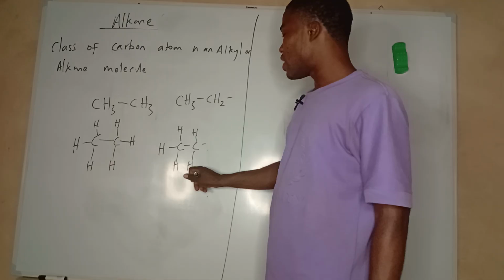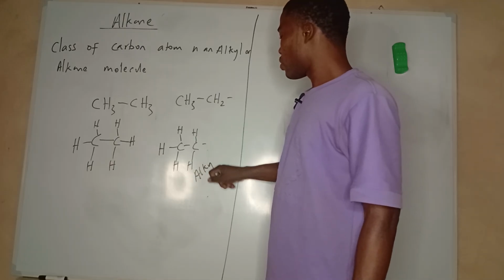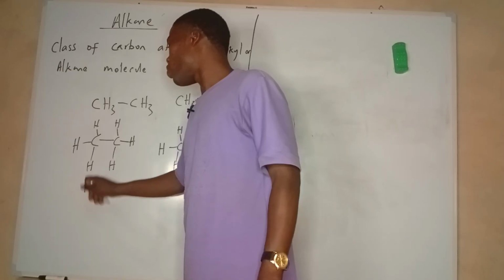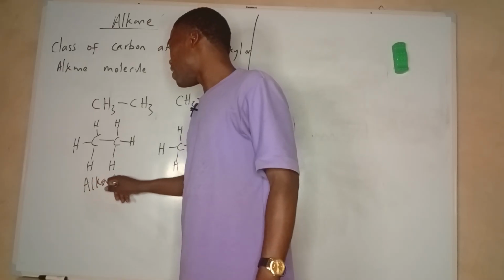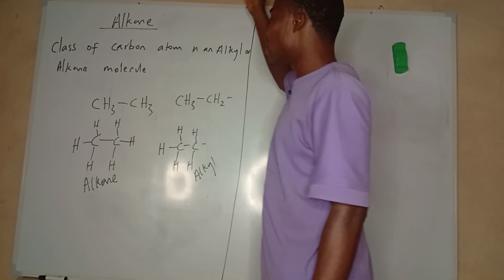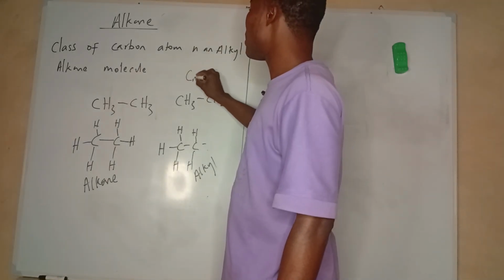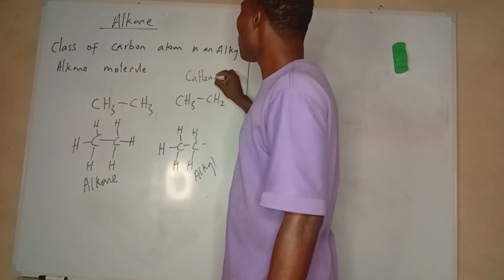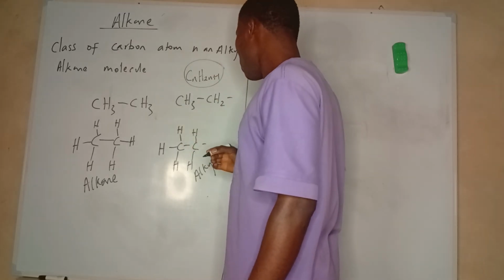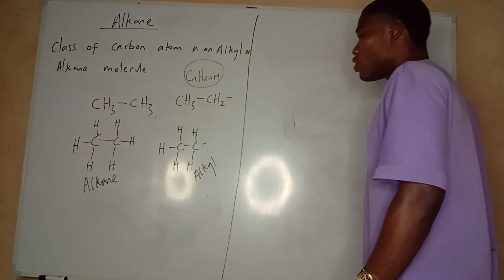So this one is an alkyl group, and this is the alkane molecule. When an alkane loses hydrogen, it forms an alkyl. It should be noted that the general formula of alkyl groups is CnH2n+1. As simple as that. So that's for alkyl group.